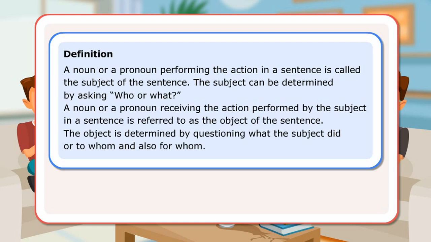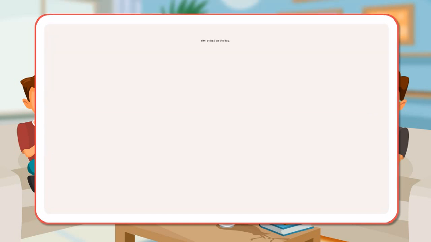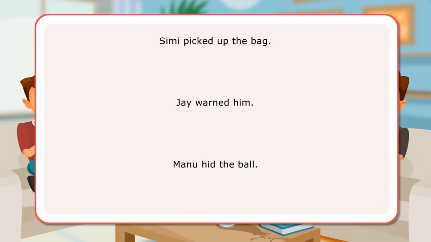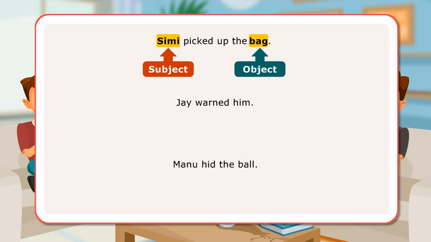Let us look at a few sentences. Simi picked up the bag. Jay warned him. Manu hit the ball. In the first sentence, Simi is the doer of the action and the subject, while the bag received the action and is the object.